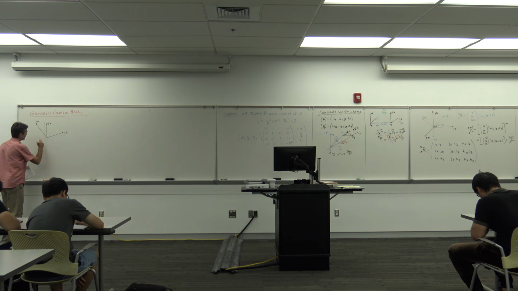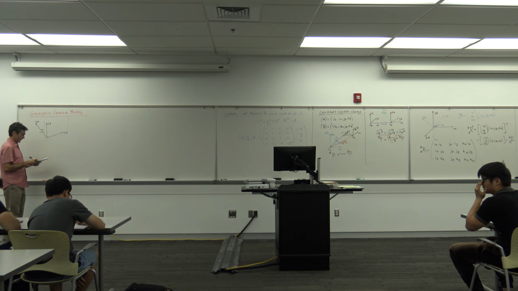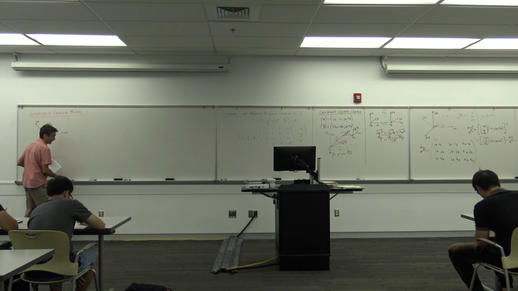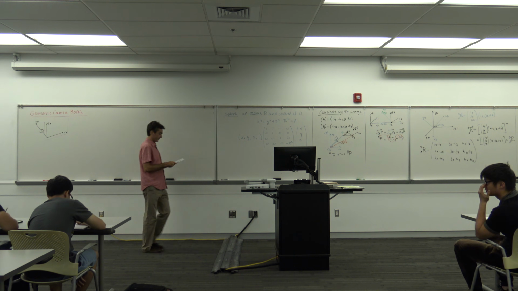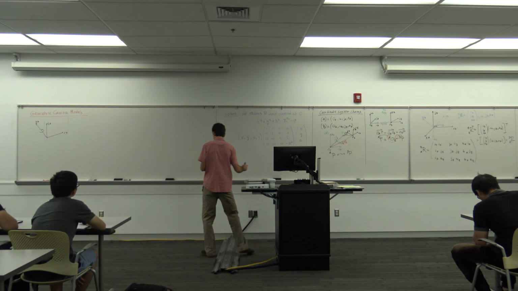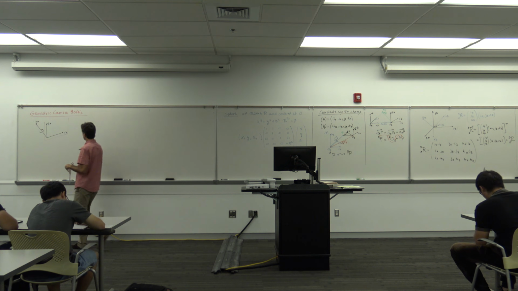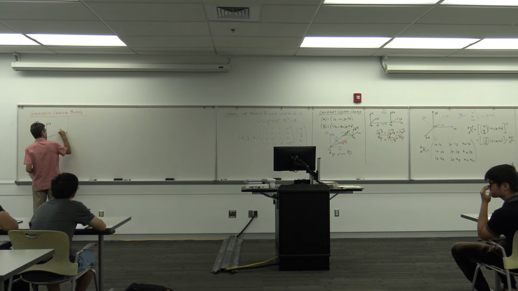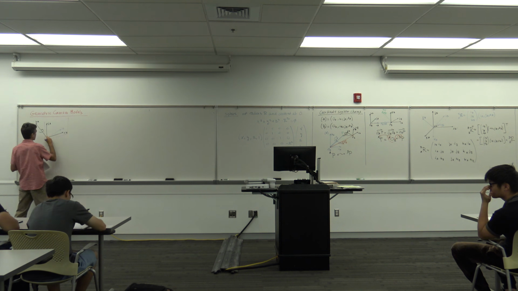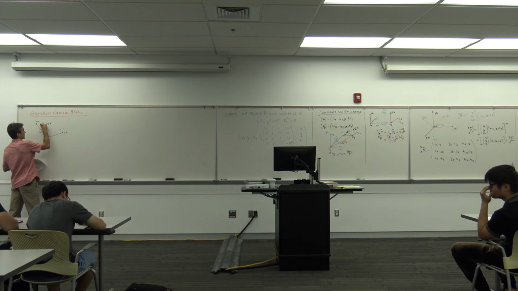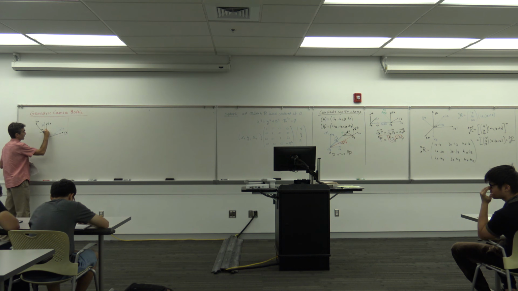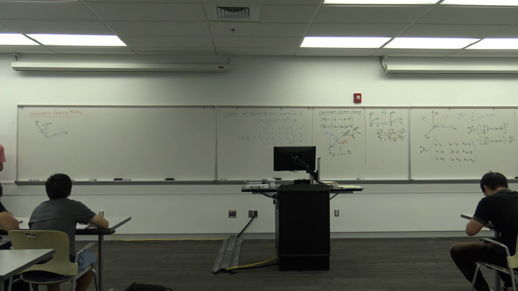So if I rotate about KA, then I end up with IB and JB, and this is rotated by an angle theta, just some number.